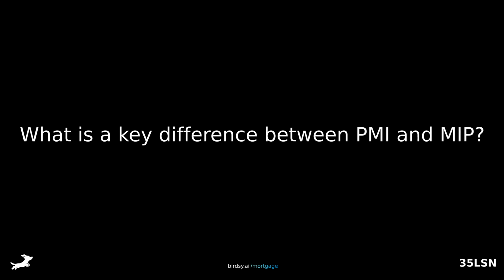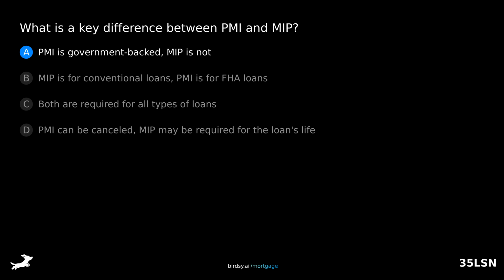What is a key difference between PMI and MIP? Is it A, PMI is government-backed, MIP is not, B, MIP is for conventional loans, PMI is for FHA loans, C, both are required for all types of loans, or D, PMI can be canceled, MIP may be required for the loan's life?